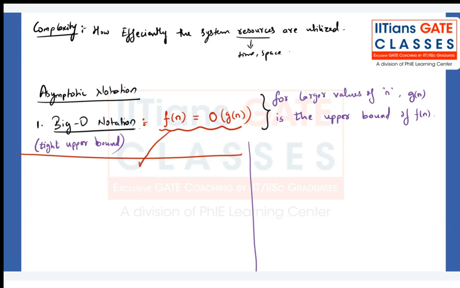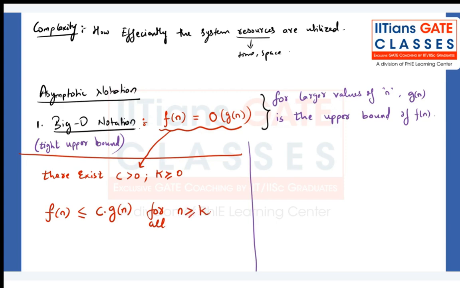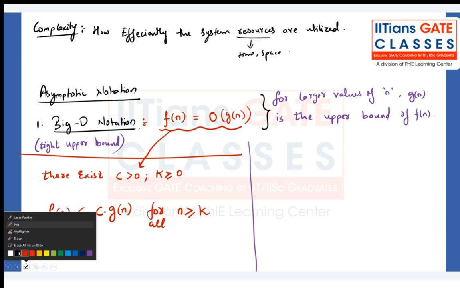When I write this statement, I want to say that there exist some constant c which is greater than 0 and another constant k which is greater than or equal to 0, such that f of n is less than or equal to c into g of n for all n greater than or equal to k. If I try to draw a graph for this expression, look at this expression carefully. I'll wait for a second here.